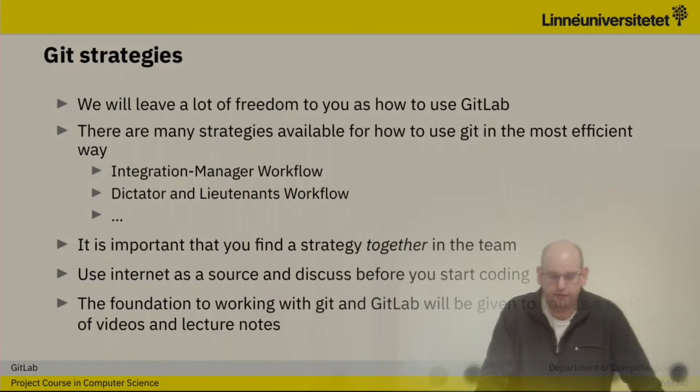And we will leave you a lot of freedom on how to use GitLab and Git and so on. There are many strategies available, and you can probably look them up: integration manager, dictator lieutenant, and so on. The important thing is to find a strategy together on how to do it, and we will show you a few things and pointers in how you can do this.